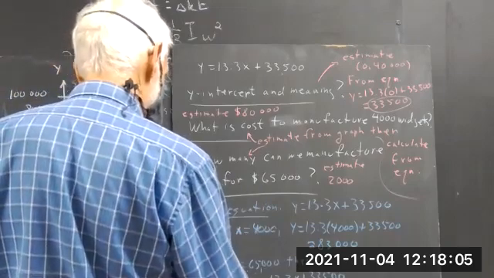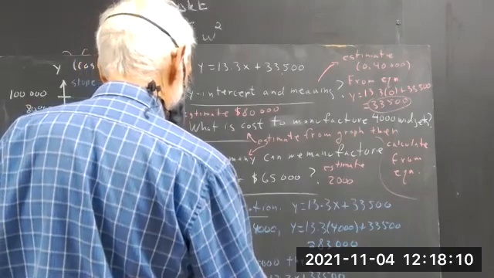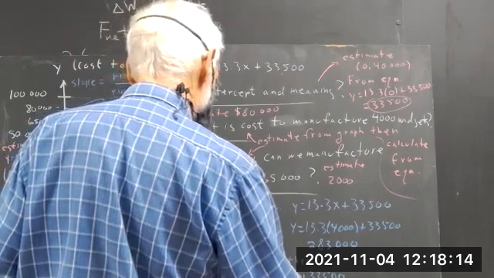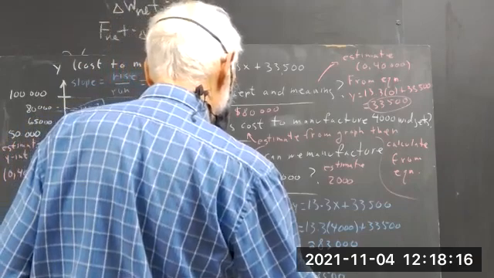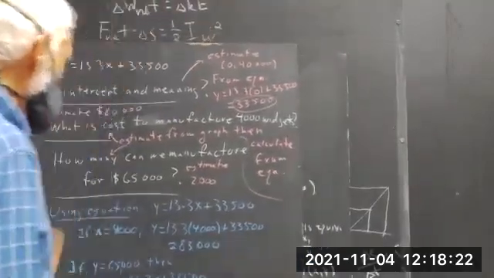And this is 13.3x equals 65,000 minus 33,500.